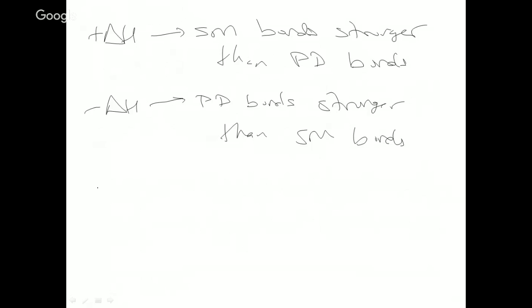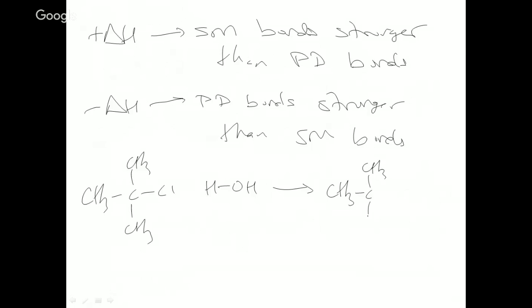Look at another example. CH3 tert-butyl chloride, what we call this, plus water. You can do a substitution. Substitute chloride for OH, get an HCl as a byproduct.